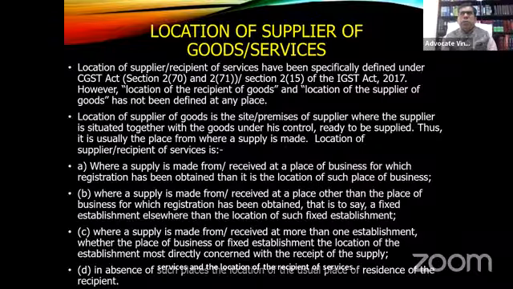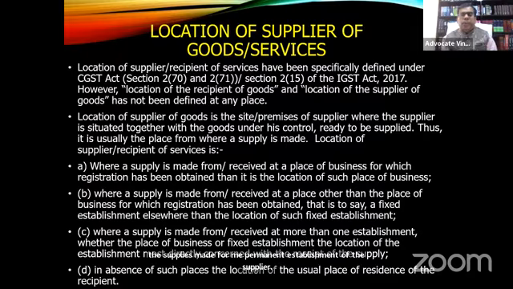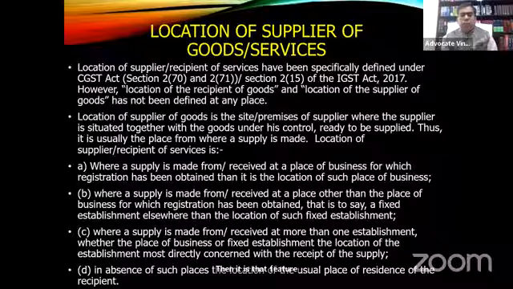But if such place is not registered and the supply is made from a permanent establishment of the supplier, then it is that fixed establishment or the permanent establishment which will be considered to be the location of the supplier of the services.